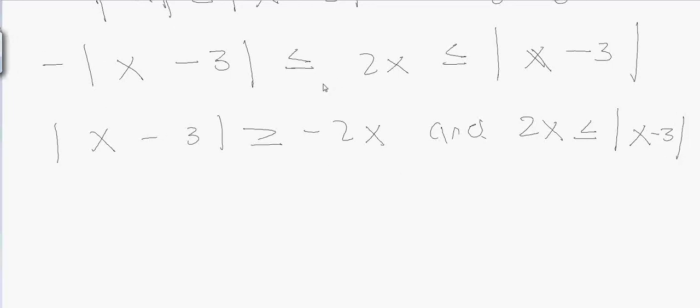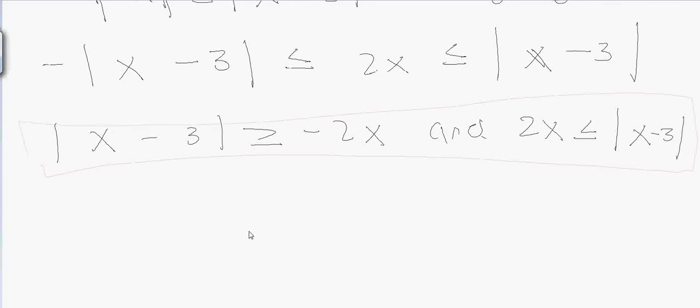Because you just divided it by negative 1. So now this might get a little bit complicated because each of these has two cases. So from right here, there are 4 cases.